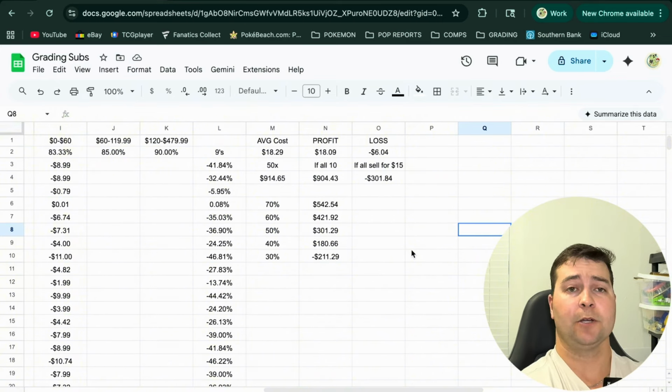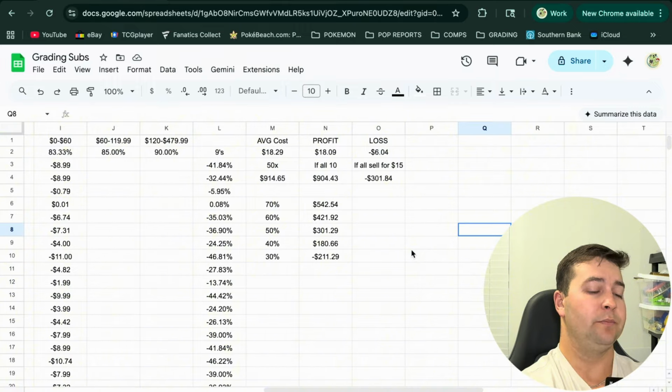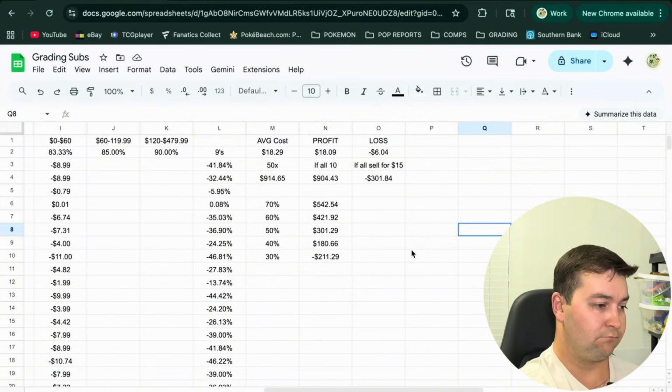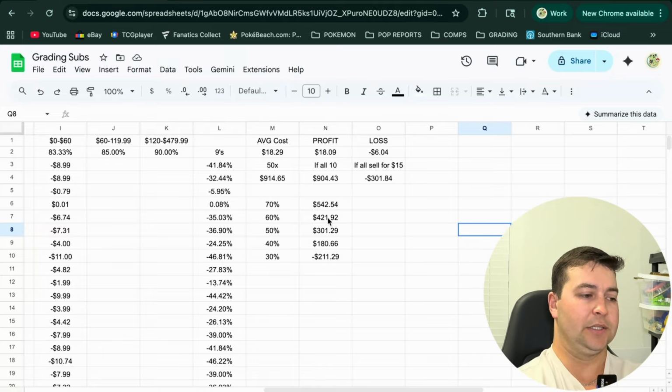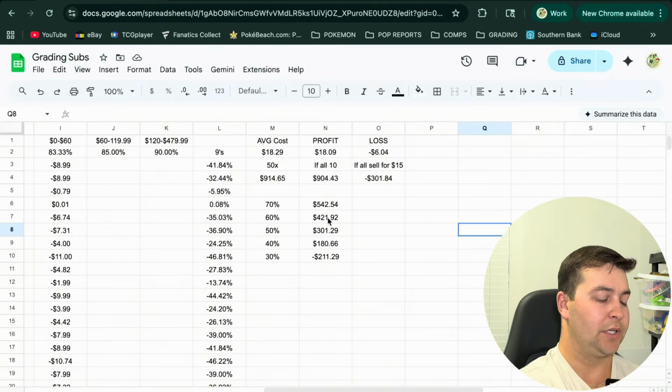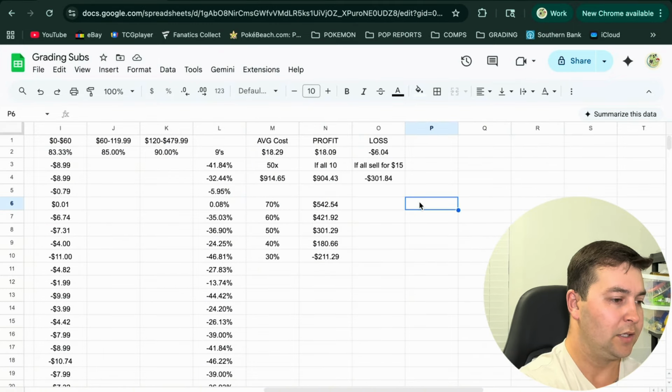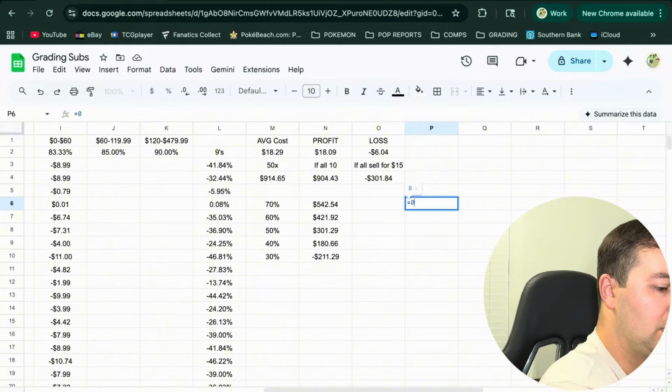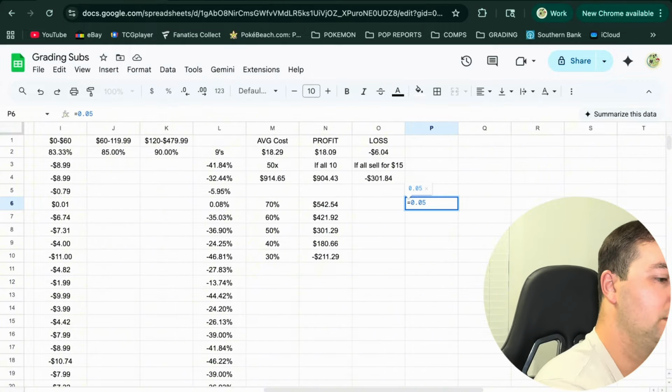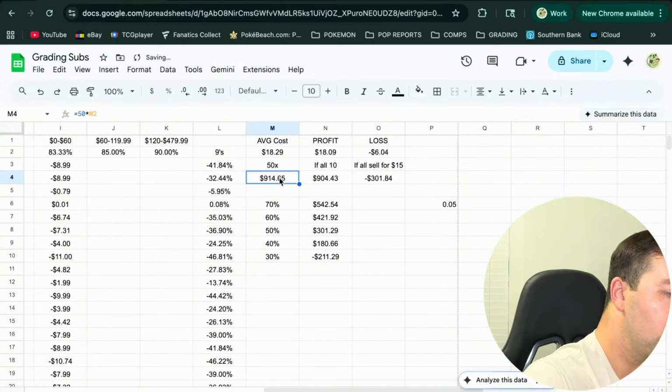It's not crazy money. It's not life-changing money, but it would be great for the business, because if you took this number, and I'm just curious, what equals 5% of 914?